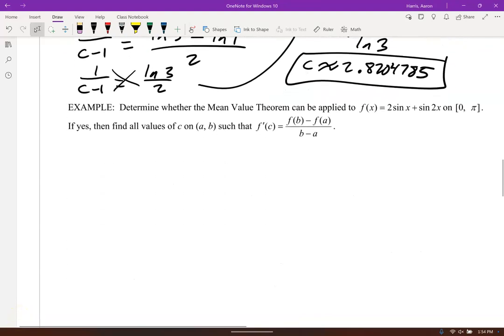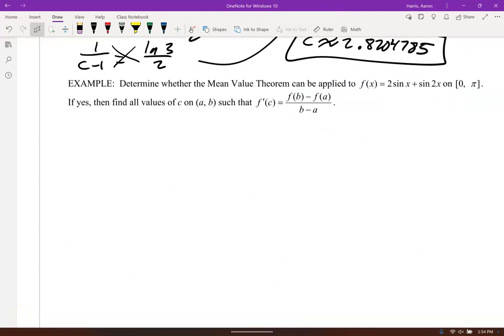All right, let's take a look at this one. We got 2 sine x plus sine 2x. Well, 2 sine x and sine of 2x, both of those are continuous on their whole domain, so 0 to pi is not going to be an issue. Is it fine on the derivative? If you take the derivative, you get 2 cosine x plus cosine 2x with the chain rule times 2.